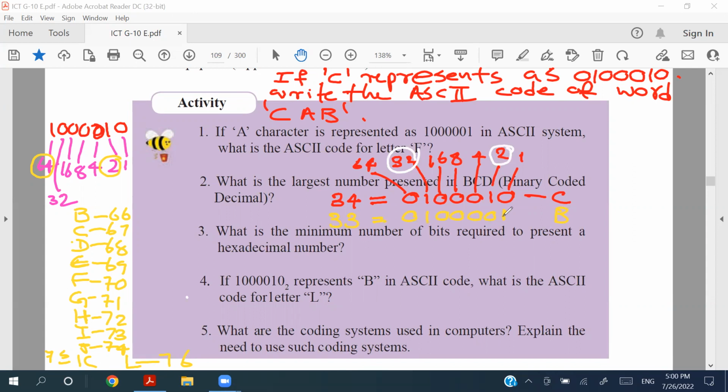And 32 can be represented as 0, 1 and 5 zeros. So this represents A.